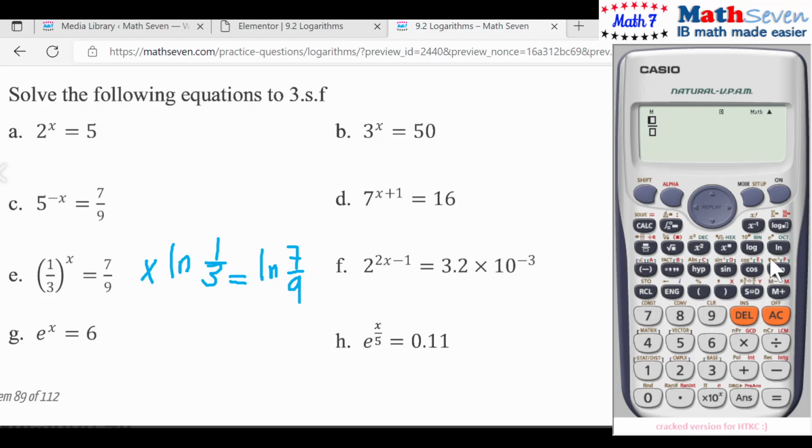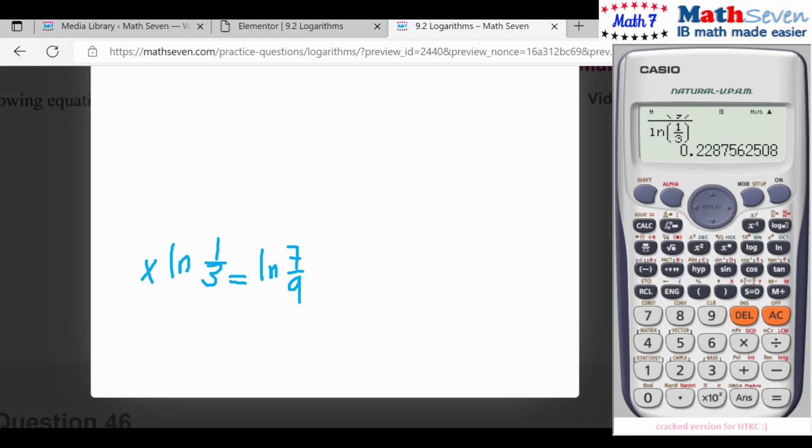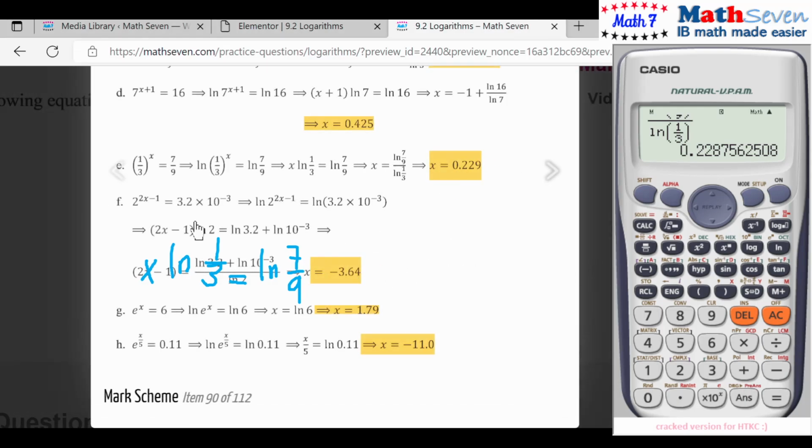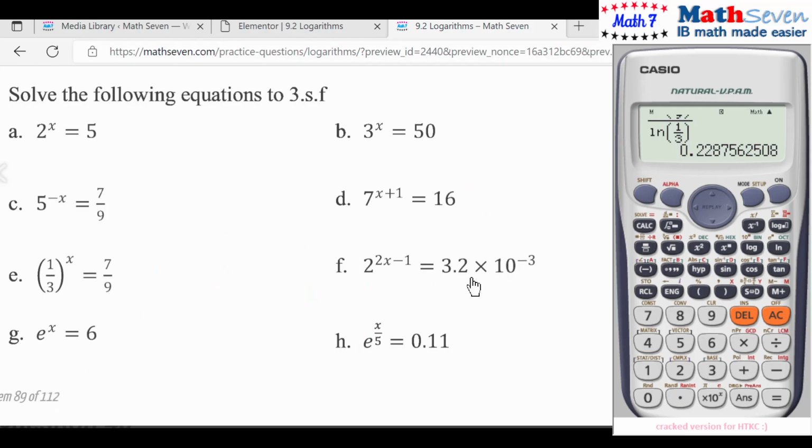It's the division bar: ln 7 over 9, over ln 1 over 3. 0.229. Check. 0.229, done.